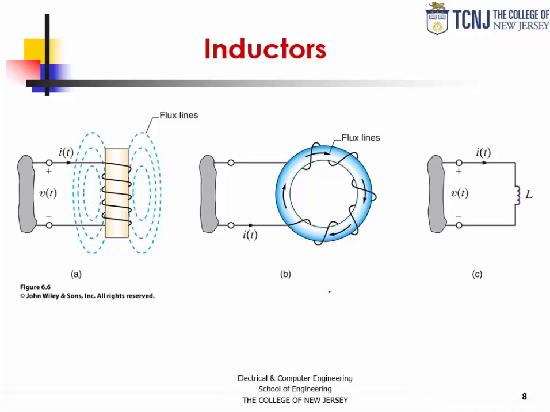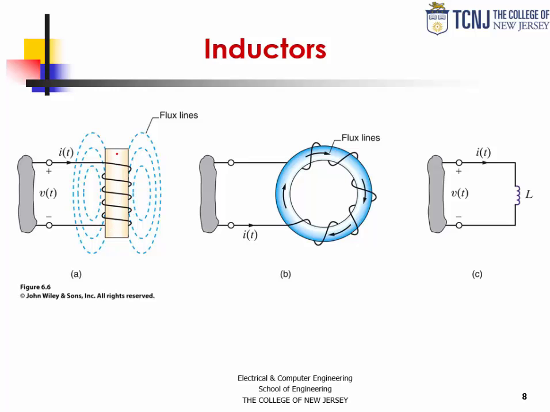Now let's look at inductors. Inductors come in many shapes. Here are a couple of shapes. The linear shape, where we have some type of magnetic permeable material like iron or graphite with a wire that is insulated from the core wrapped around that core.